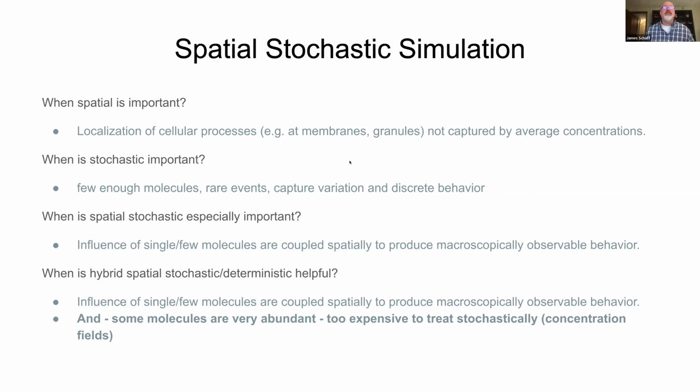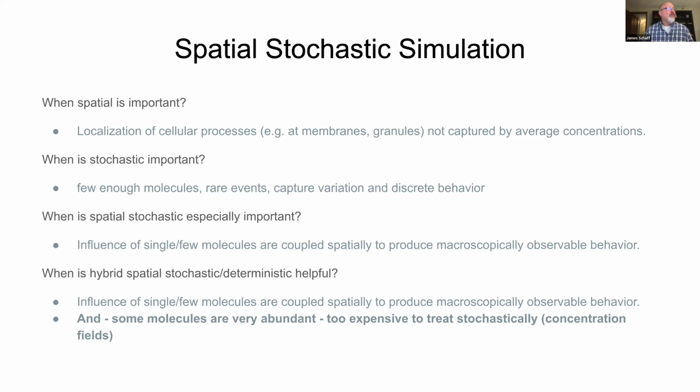When you have a few molecules, rare events, and or quantized or discrete behavior, or individual events can have large effects. And spatial stochastic, in some cases, you get both of those things simultaneously. You have a few molecules that can have strong effects, like say ion channels, and they can be spatially coupled, so I have a kind of toy example coming up that investigates this.